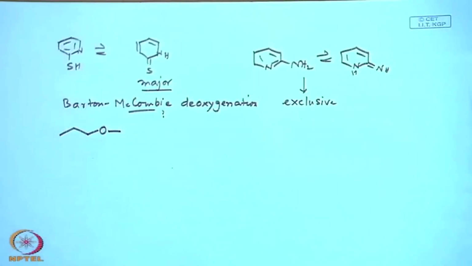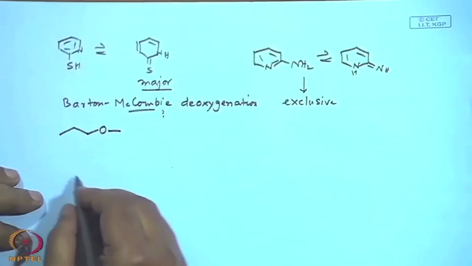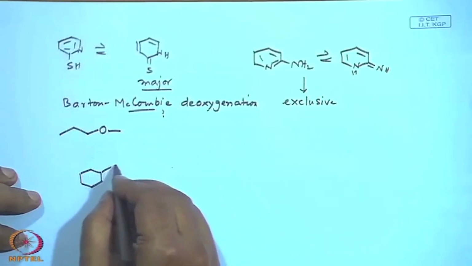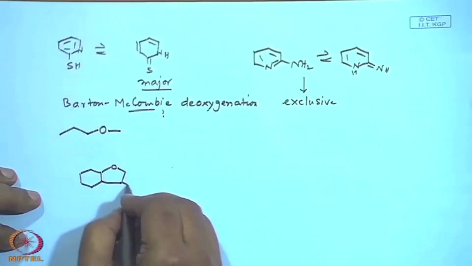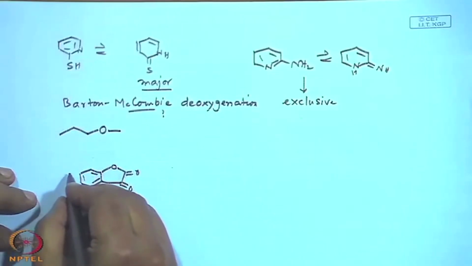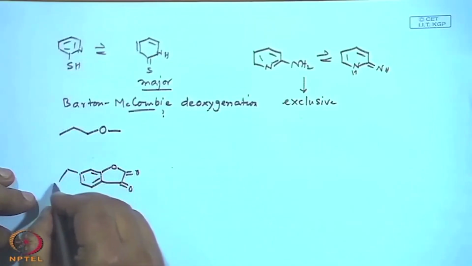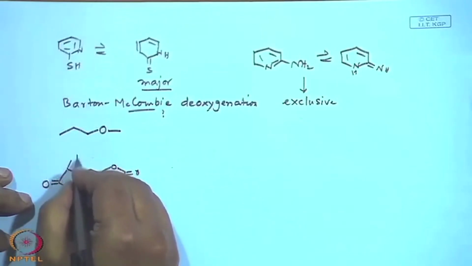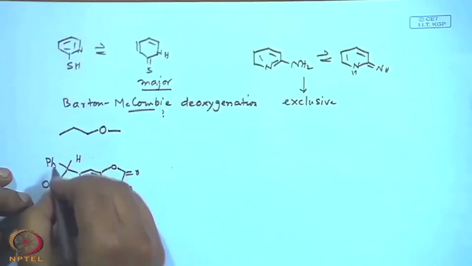Let us take one more example. This is a nucleus I will be talking about, say benzene, then a furanone structure with a compound, then on the other side you have again a furanone, but it looks like a lactone, and hydrogen, and this is phenyl.